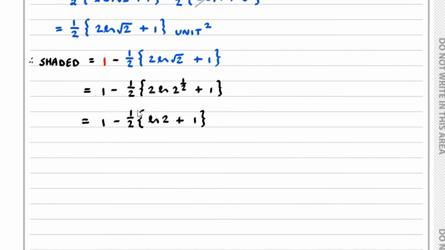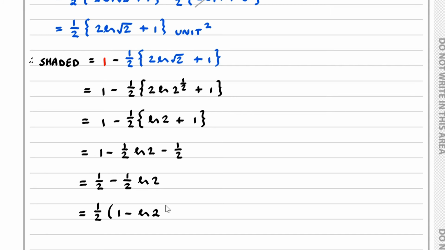And if I expand the negative 1/2 into the bracket, I've got 1 subtract 1/2 times the natural log of 2 subtract 1/2, leaving me with 1/2 subtract 1/2 times the natural log of 2. And if I factorise out the 1/2, I would have inside the bracket 1 subtract the natural log of 2.